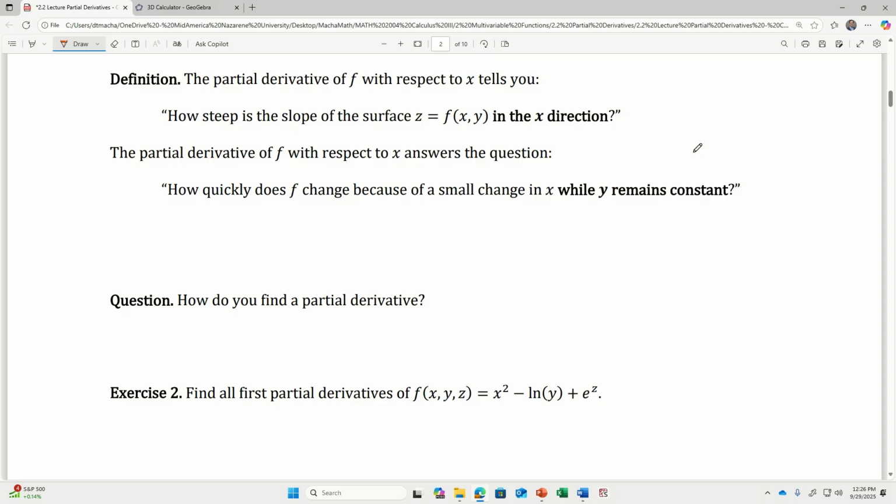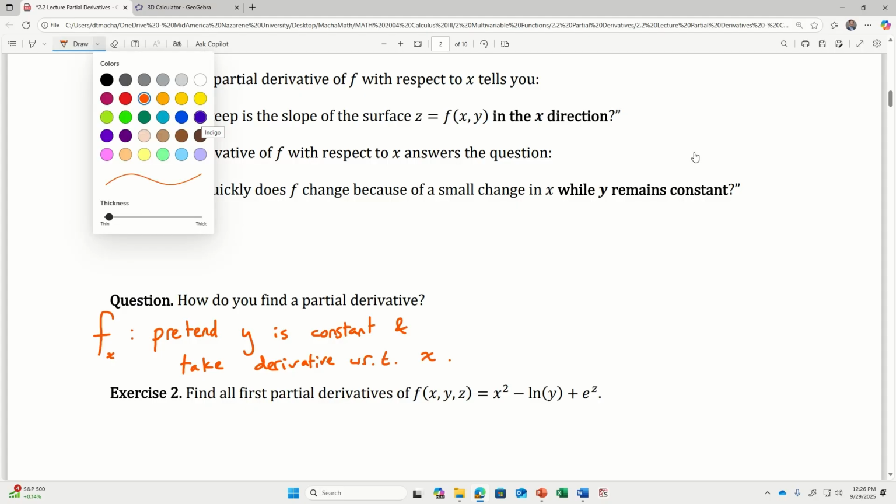And if you want to find a partial derivative, like if I have this function and I want to take a partial derivative with respect to x, pretend y is constant, and take a derivative with respect to x.